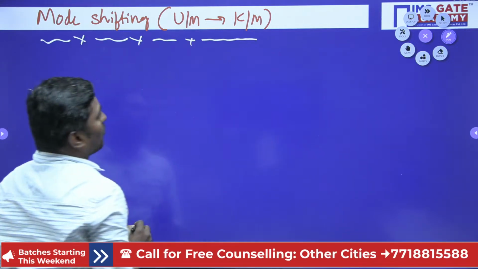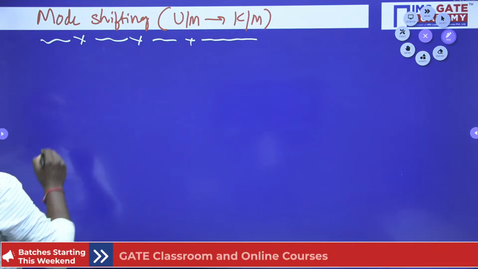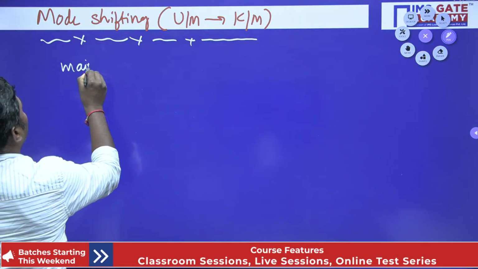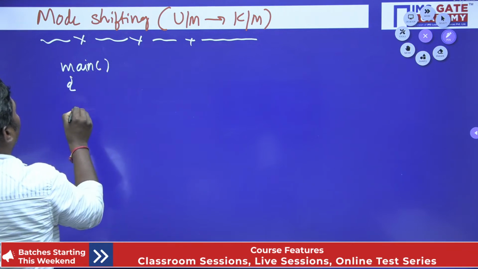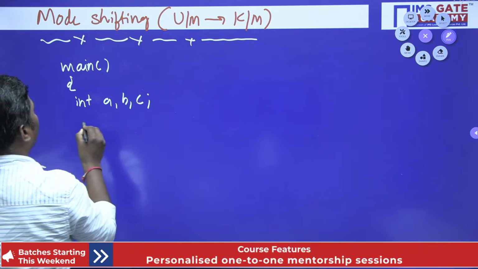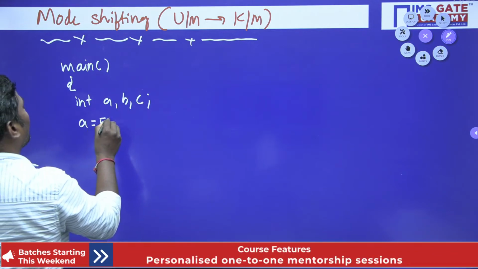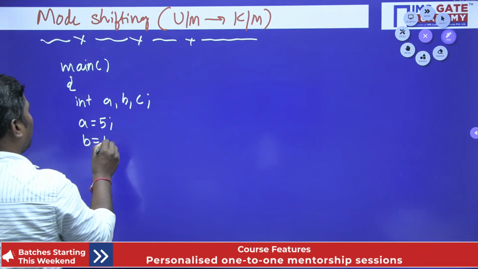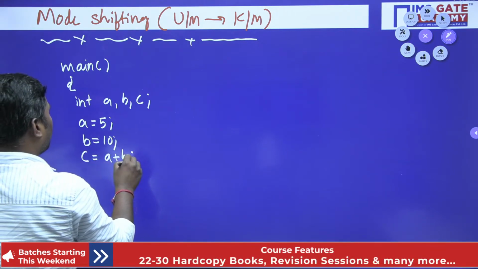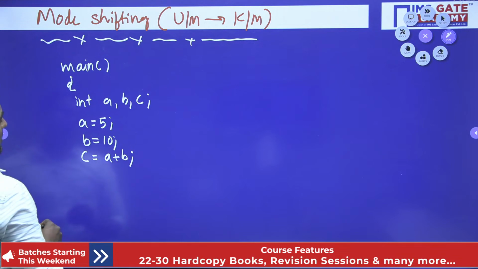Okay. Now look at how this mode shifting occurs. Observe. Suppose I take a main function. Let's say int a, b, c; a equal to 5, b equal to 10, c equal to a plus b. Is it clear to all of you?